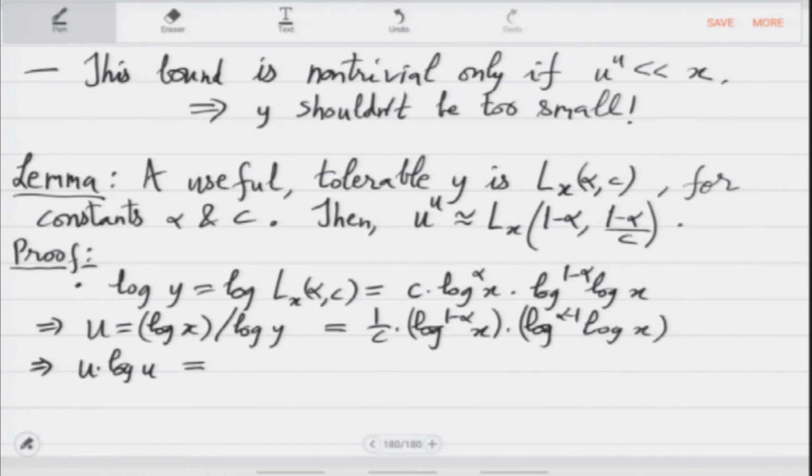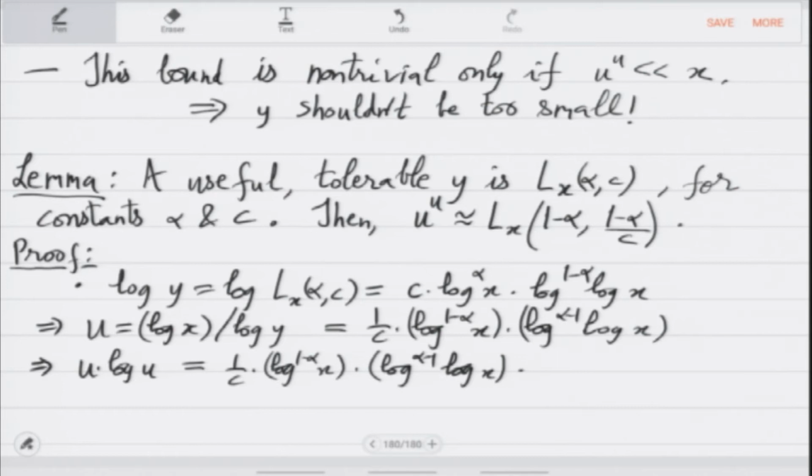So u times log u will be the above, 1 by c times (log x)^(1 minus alpha) over (log log x)^(1 minus alpha), times log u. Here I make some approximation. I forget about log of 1 by c because it's only a constant contribution.